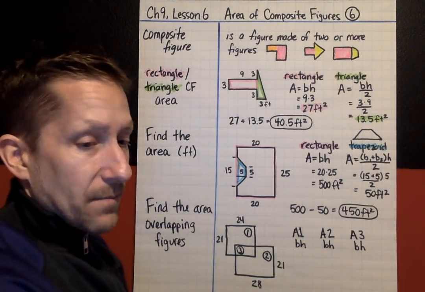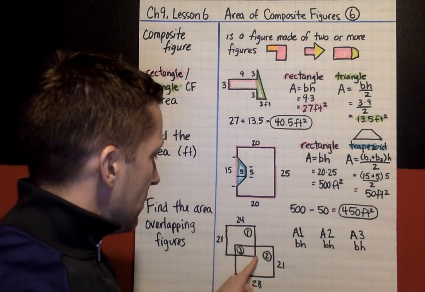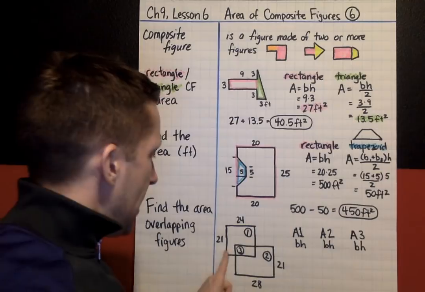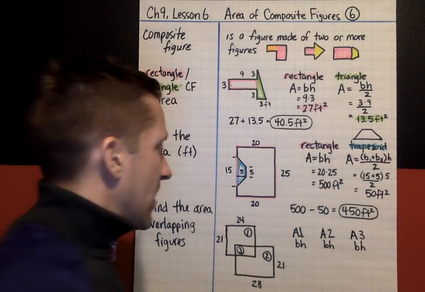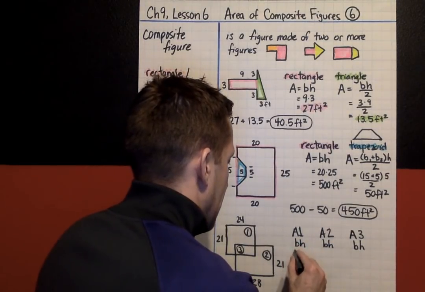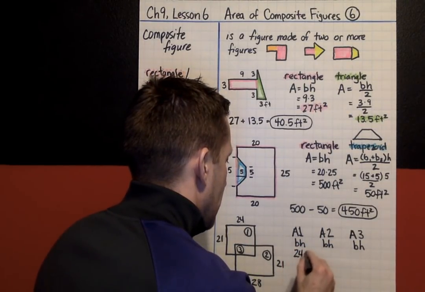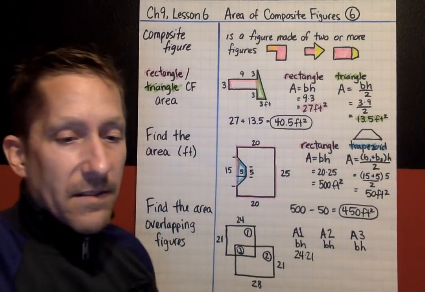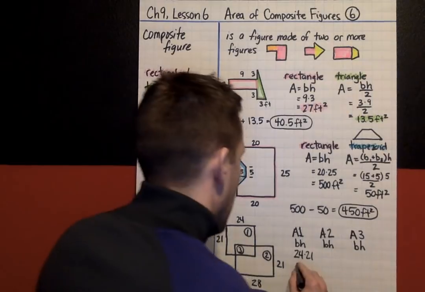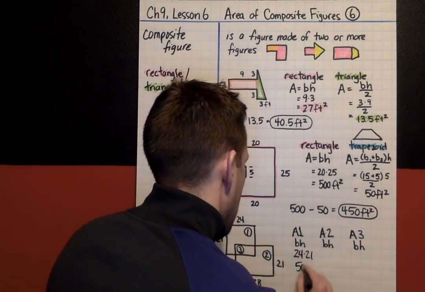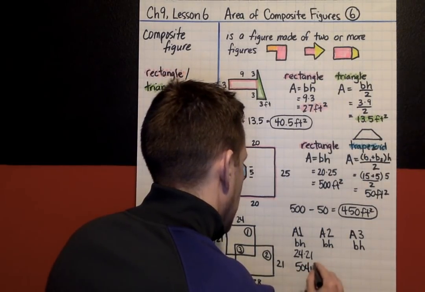So rectangle number 1 is this. That is a 24. The height is a 21. So I would say that this is 24 times 21. So I'd get the area. And when I multiply that, I would get 504 units squared.